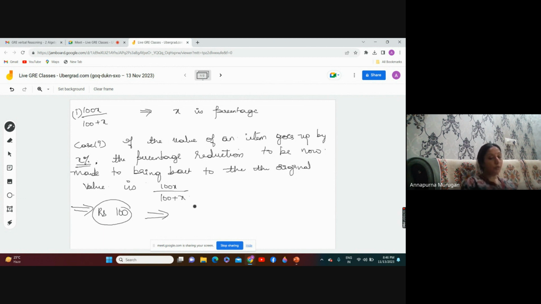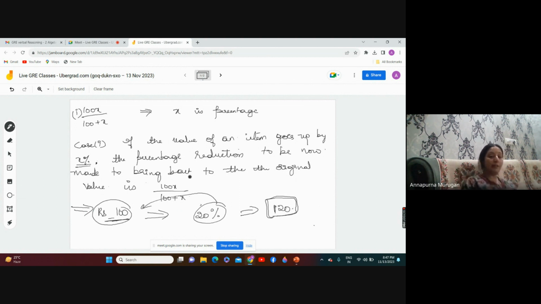If I increase the price by 20%, it is around 20 rupees, so the new value becomes 120. If I want to reduce 120 by some percentage, what percent do I need to take?